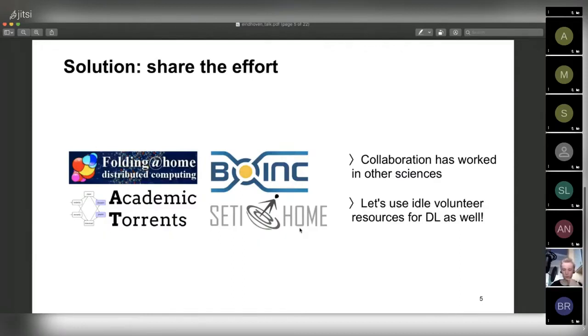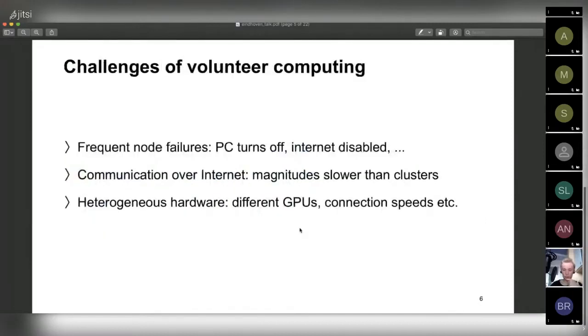Now, there are some issues which are specific to this scenario of volunteer computing, which are quite important when you are running deep learning on this infrastructure. I outlined 3 of them in this slide, but of course there are some probably less significant ones as well. The first of them is frequent node failures.